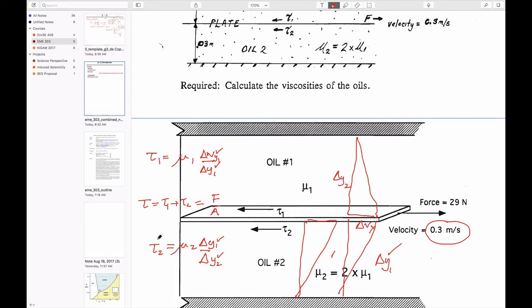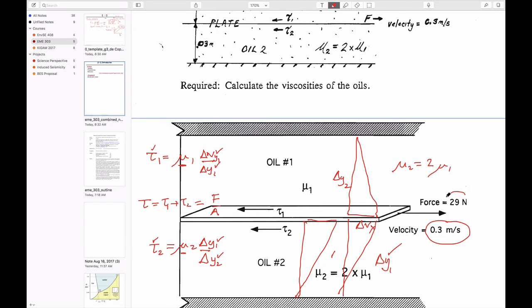So if we know this, we can get tau 1, tau 2, but they'll both be functions of viscosity 1 and 2. We know that viscosity 2 is equal to 2 times viscosity 1, so we can write these in terms of just one viscosity.